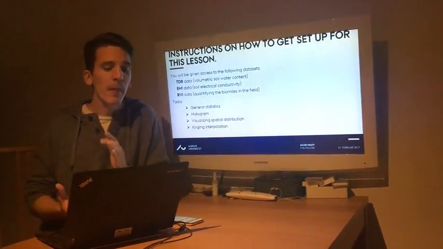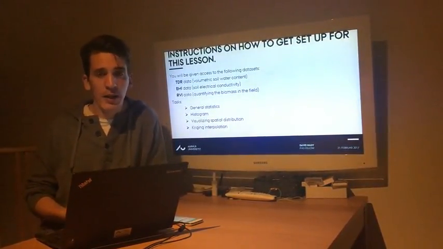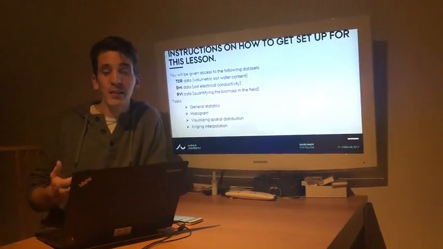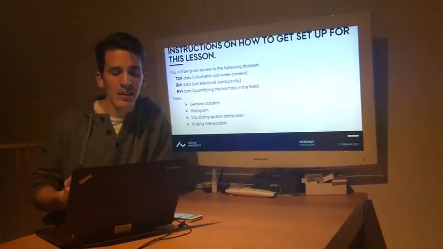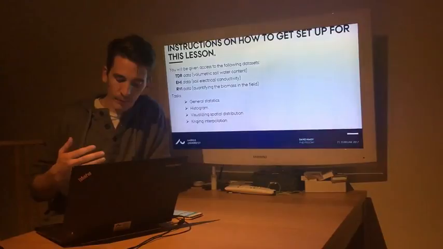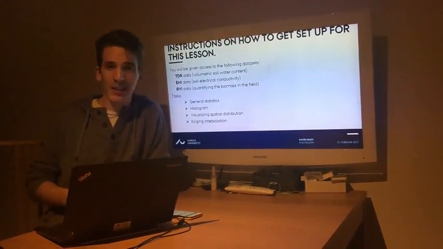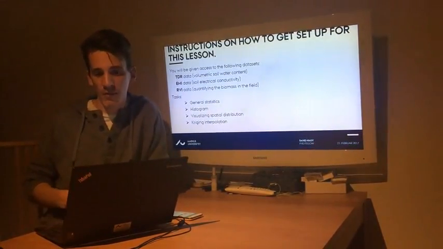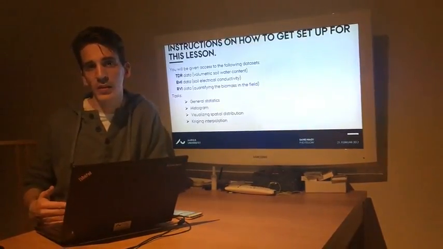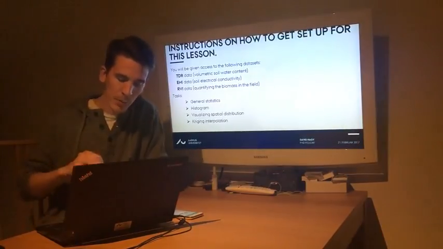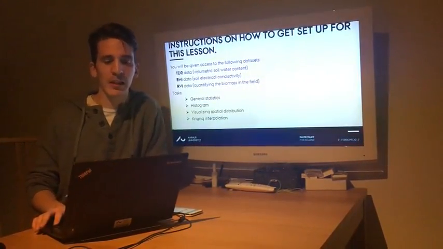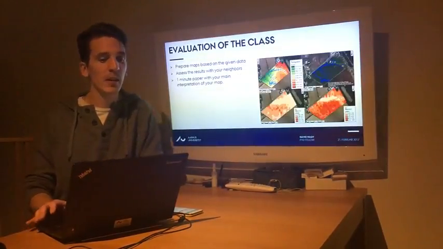You also have to visualize what kind of spatial distribution you have within your soil data, and later on I'm going to introduce a more advanced technique, Kriging interpolation, with which you can interpolate between the points which you have measured and basically create a continuous data set for the whole field, so you can see the spread of your data and how it's actually located, two-dimensionally.